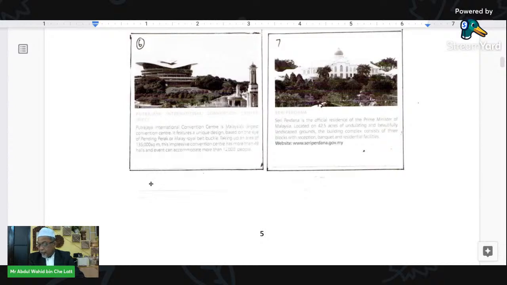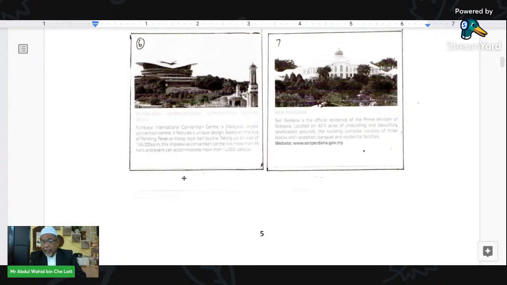This impressive convention center has more than 49 halls and can accommodate more than 12,000 people. Focus on the word is in line 1 and features in line 2. They are stative verbs, simple present, position after the subject. The whole text is a fact.